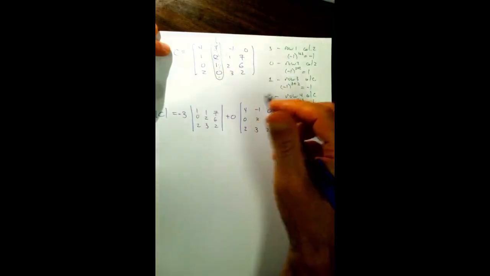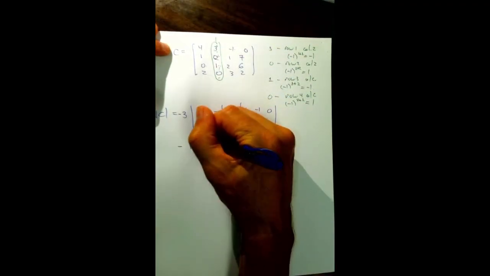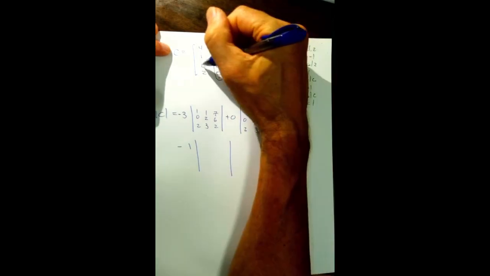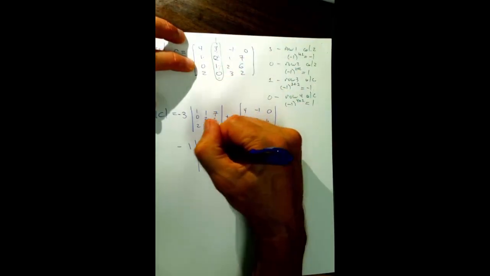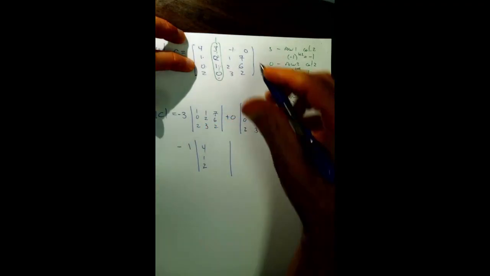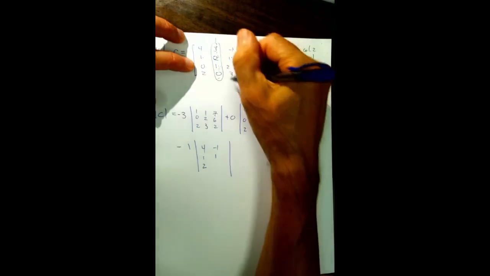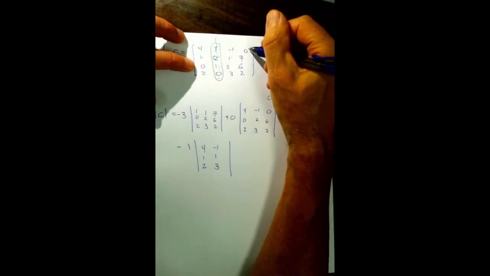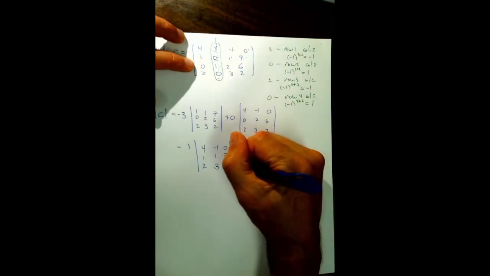Now for that one, that's going to be a minus 1 times. If I remove that row and that column, I'm left with 4, 1, 2, minus 1, 1, 3, 0, 7, 2.